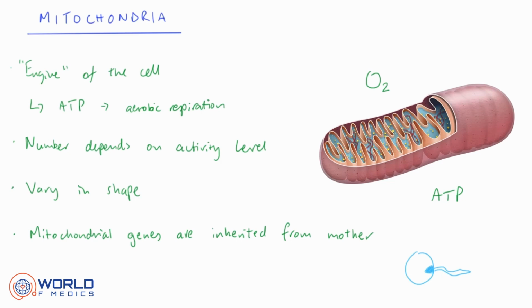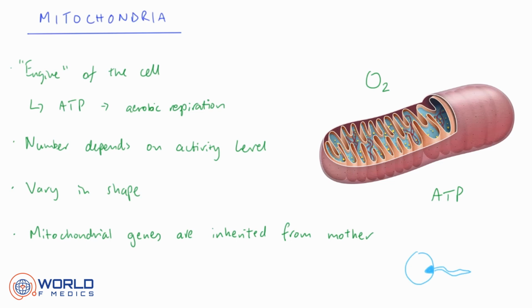And this part of the sperm cell doesn't contain many organelles at all. In fact, it doesn't contain any mitochondria. So for this reason, the mitochondrial genes are inherited from the mother. And even if mitochondria happen to enter the oocyte somehow, they are quickly destroyed, so they don't actually come from the father at all, the genes for the mitochondria.